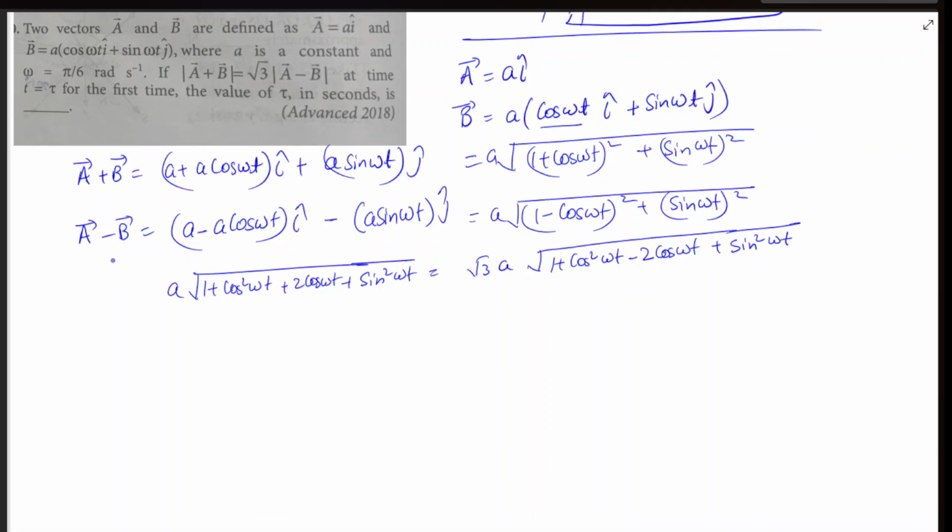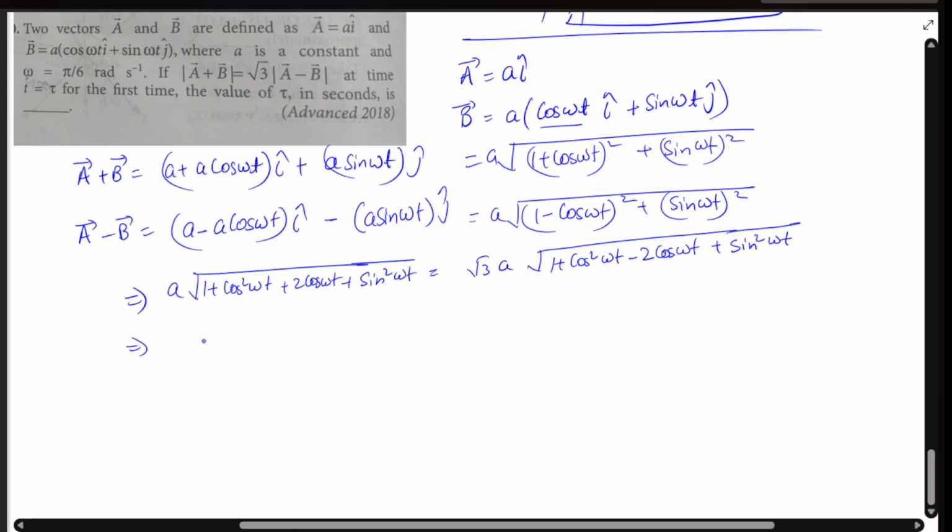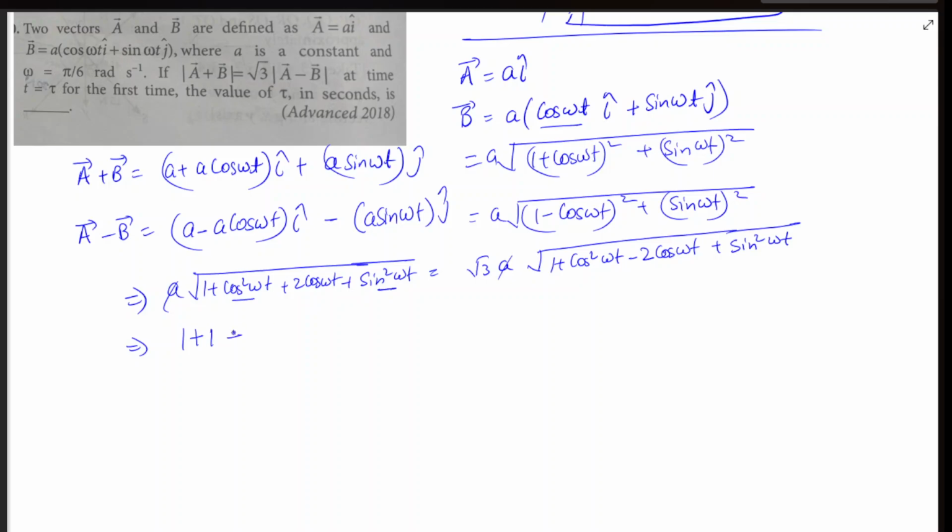Okay, so we can square both sides. A will get cancelled out, and if we square, this is 1 plus 2 cos omega t, and root 3 will become 3. And again this is 1 minus 2 cos omega t. Yes, sine square theta plus cos square theta will be 1.